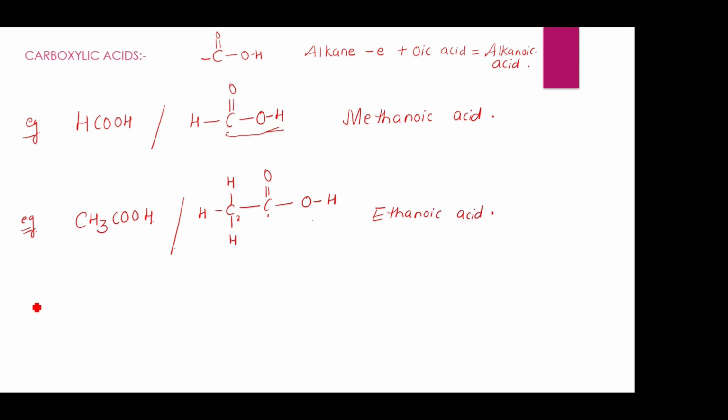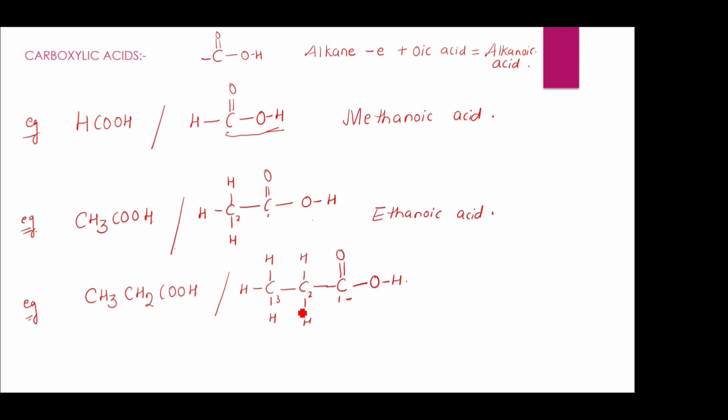Let's see another example for this compound. CH3, CH2, COOH. Or you can write CH3, showing all four valencies of the carbon, H2, C, 1, 2, 3, 4, O, and then H. So again the functional group should get the least number, 1, 2, 3.